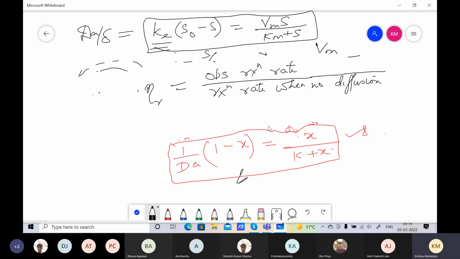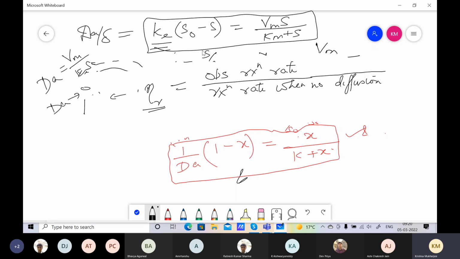So remember, as I pointed out from these expressions, that this will be 1 under two situations. When the Damkohler number is close to 0, because the Damkohler number was your Vmax upon KS naught, so when the Damkohler number tends to 0, your efficiency will tend to 1.